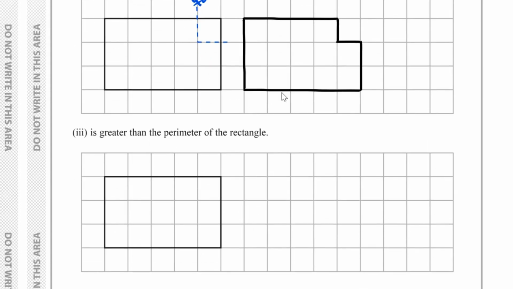Then we want something which is greater than the perimeter of the rectangle. Well, if I cut down here, then back up here, so let's just draw some scissors, then we end up with this shape here.